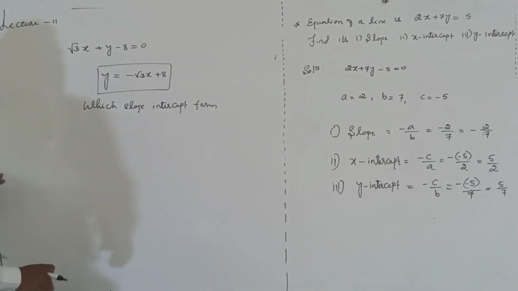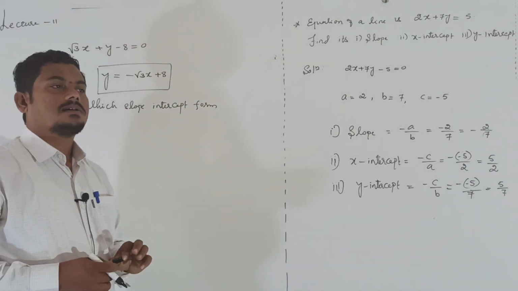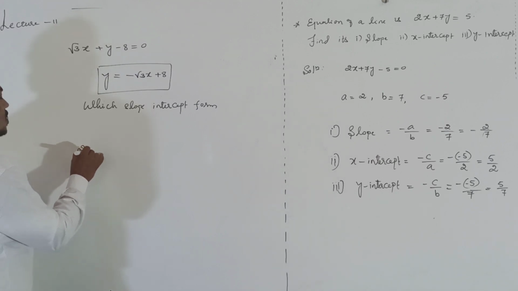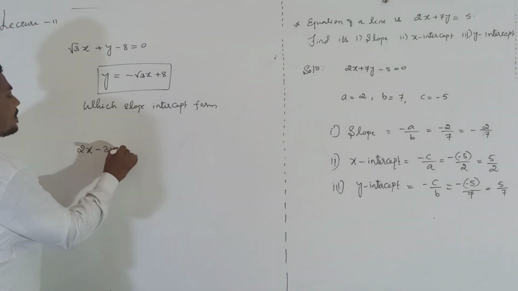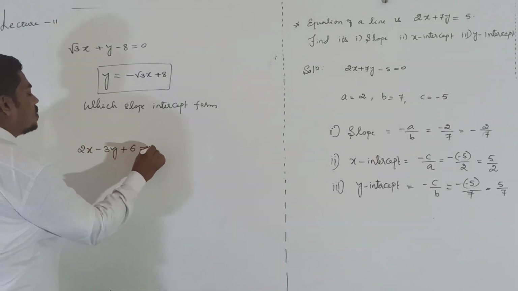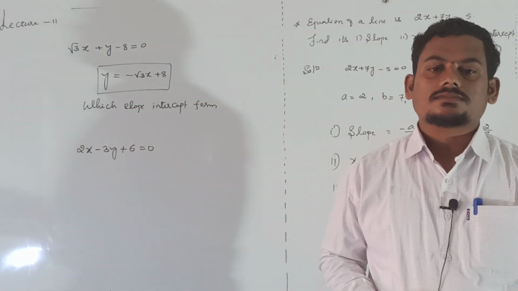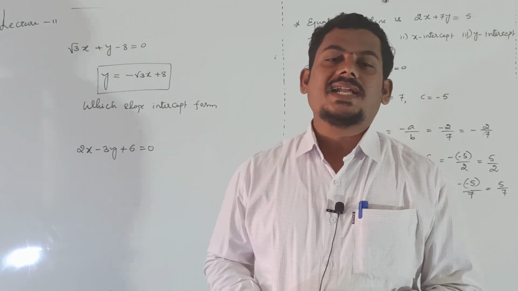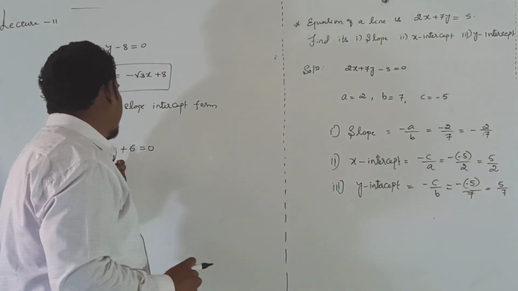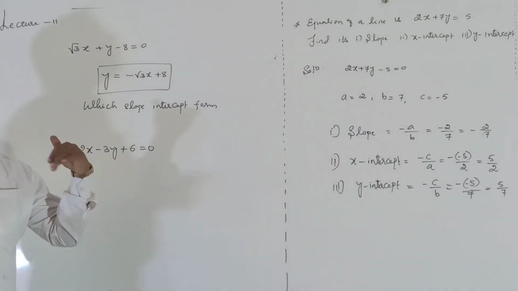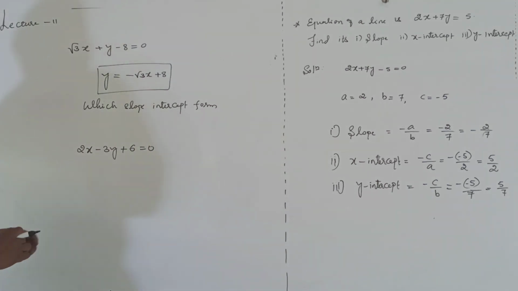Next, reduce the equation of the line 2x minus 3y plus 6 equal to 0 into slope intercept form, means in the form of y equal to mx plus c.